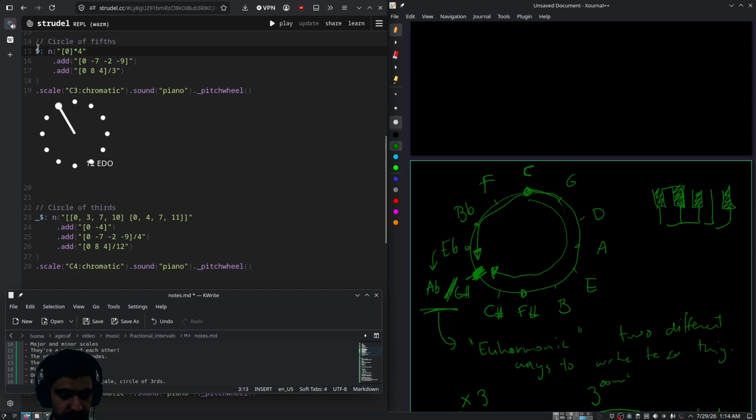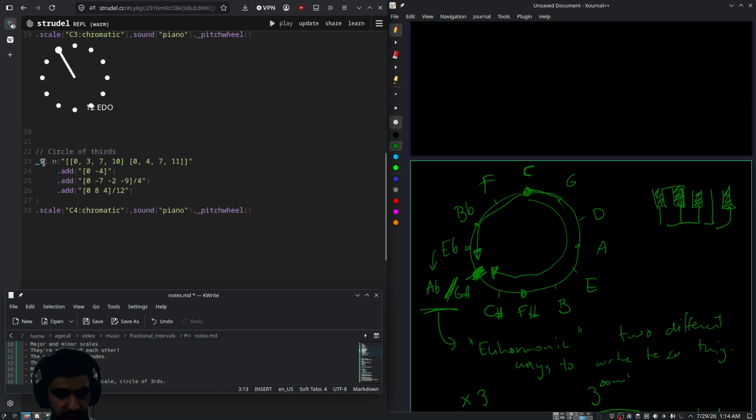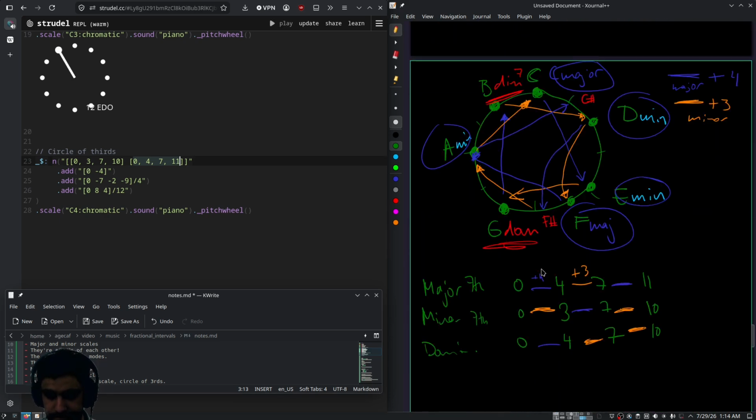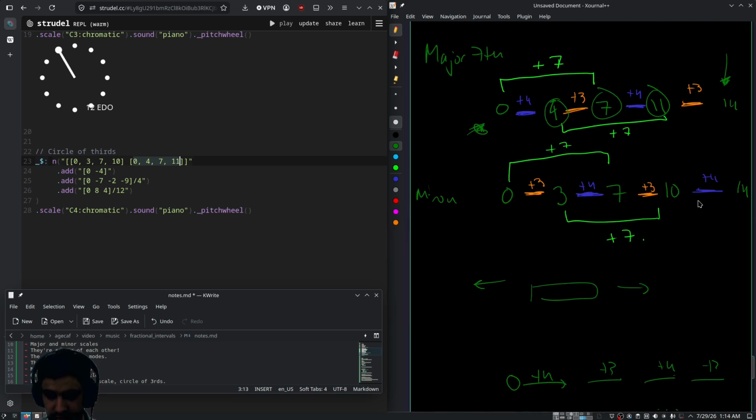But what we are going to hear now is going to be the circle of thirds, except I'm also going to play them so you can see here that's the minor chord followed by the major chord. So I'm going through the circle of thirds in this direction.